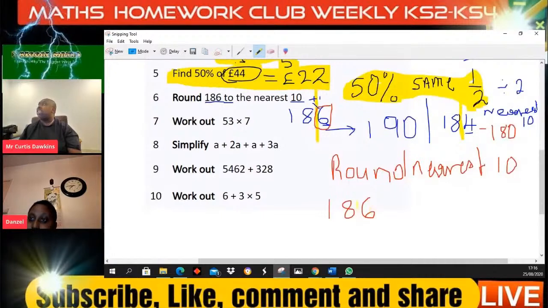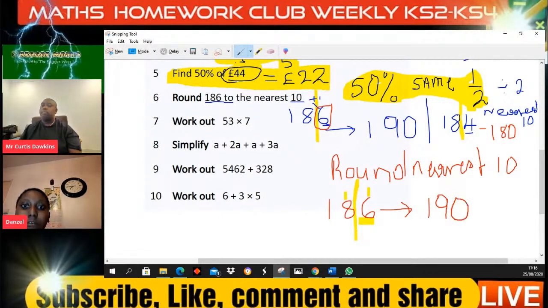So you go between the 10, that's my 10, that's my unit. You then identify if that number is higher. If it's not, you write the number. But in this case here, the unit number is higher, so you need to add 1 to the 10 number, so it's 190. Okay? To the nearest 10.